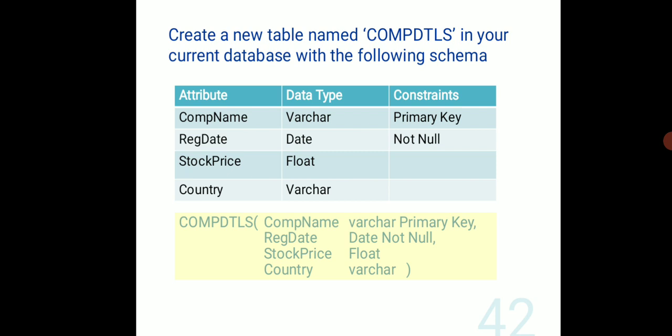It will calculate the sum and it will calculate the count. If you give max, it will find the maximum value. If you give minimum, it will display the minimum value. So aggregate functions are very important in database management systems.